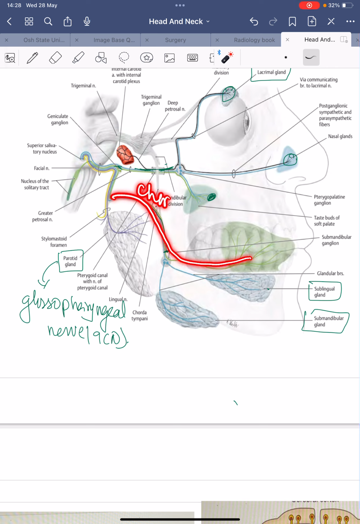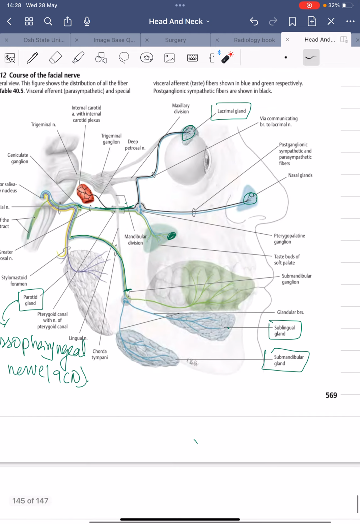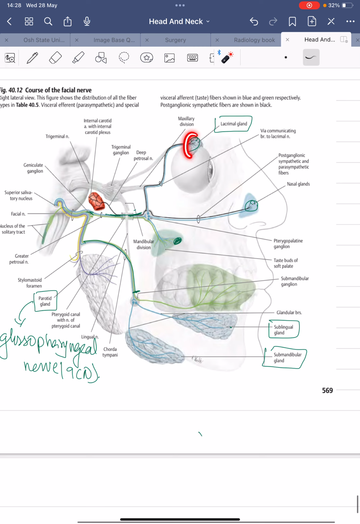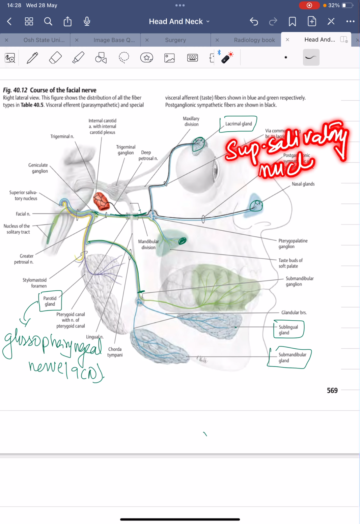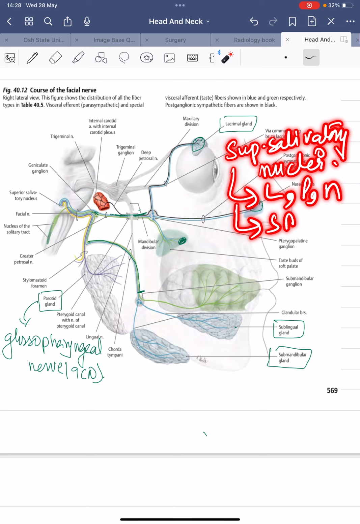This is your chorda tympani nerve. If I ask you, sir, the lacrimal gland, it is innervated by which nerve? Which nucleus is controlling it? Answer will be superior salivatory nuclei. So superior salivatory nuclei is controlling lacrimal gland, palate gland, nasal, submandibular gland and sublingual gland also.